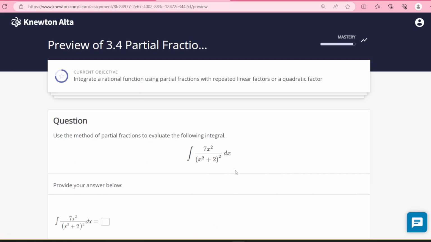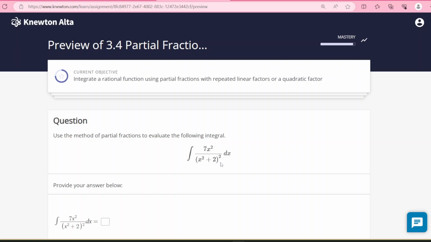All right, so I got another one that's incredibly similar to what we just did. But here's the thing though, the integral we just did, the previous example, was 7x squared over x squared plus 3 squared.